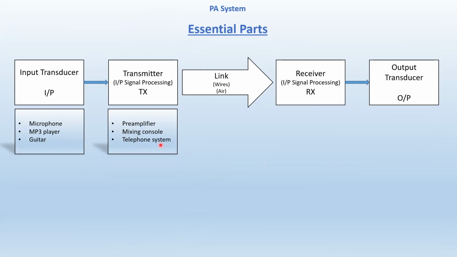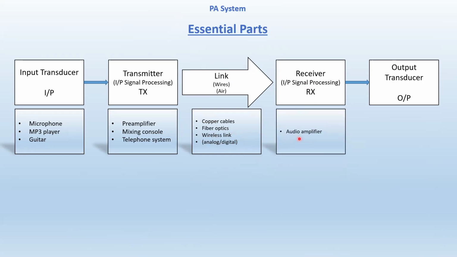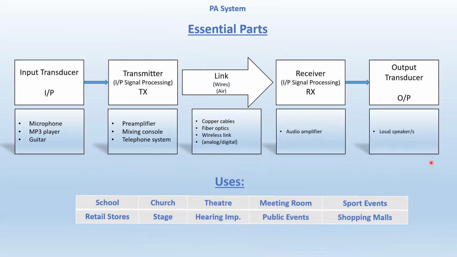But the telephone system could also be included in the input part. It depends on how you connect things. For the links between the parts, we have copper cables, fiber optics, and wireless links, and any of those mediums could convey signal in digital or analog form. The receiver in this case is an audio amplifier, and the output transducers would be loudspeakers.